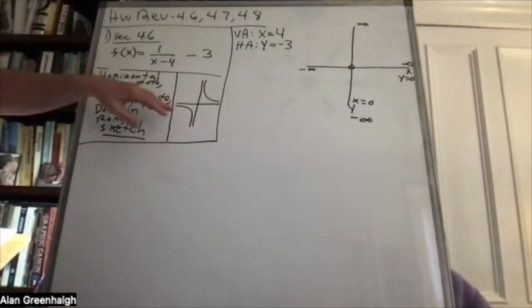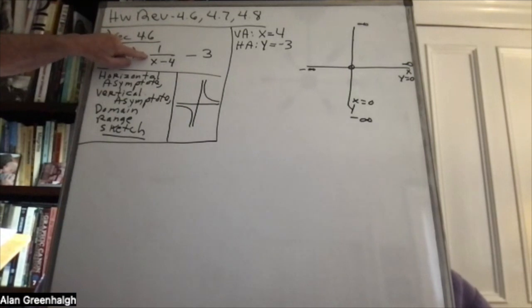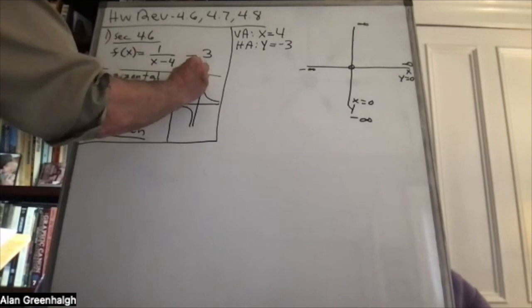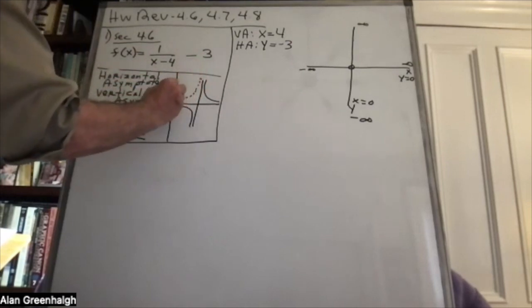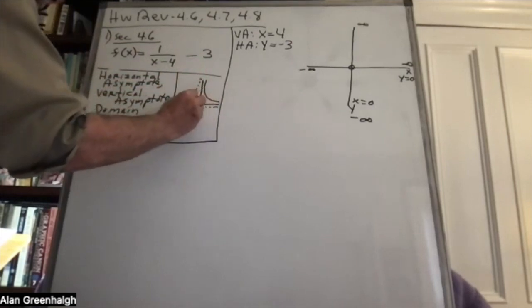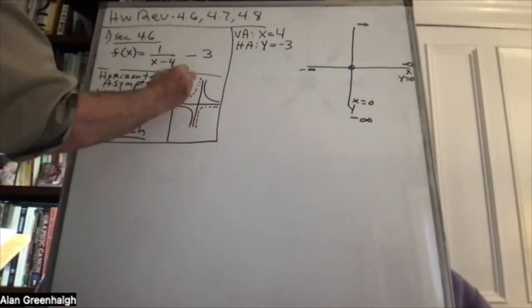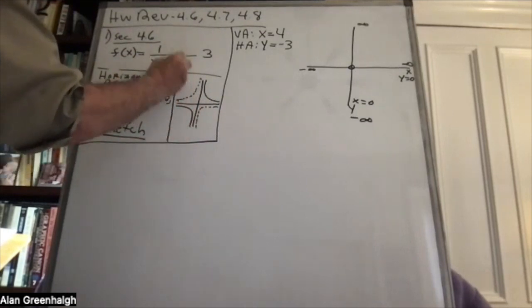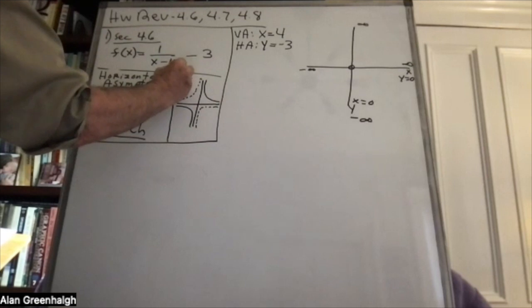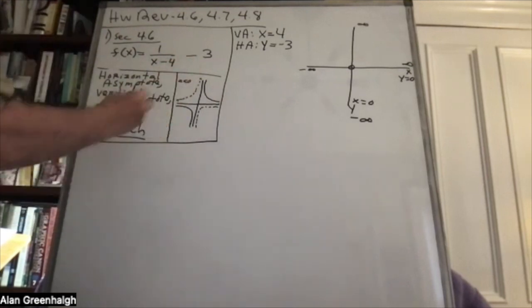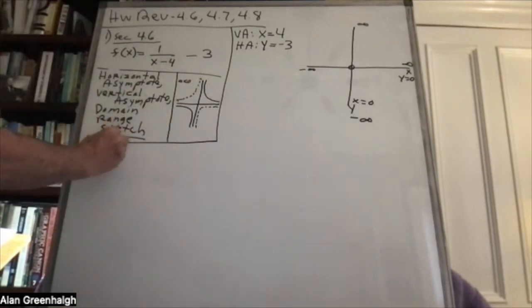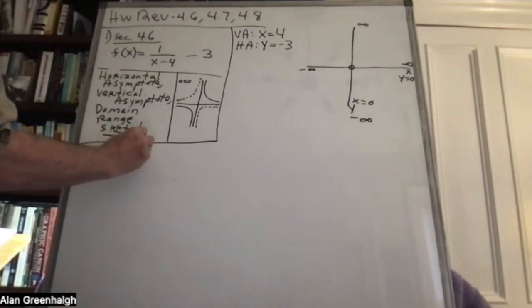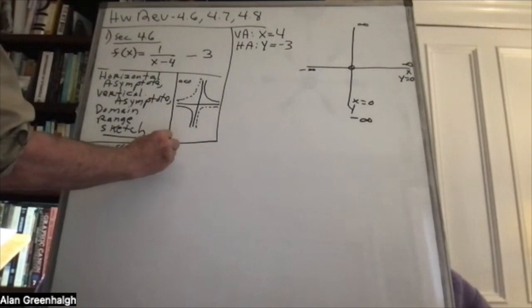And just keep in mind that when there's a negative sign in front of the fraction, then the parent function looks like this. So this is when there's a negative. Actually, we should say when a is less than 0, because the general formula for this is f of x equals a over x minus h plus k.